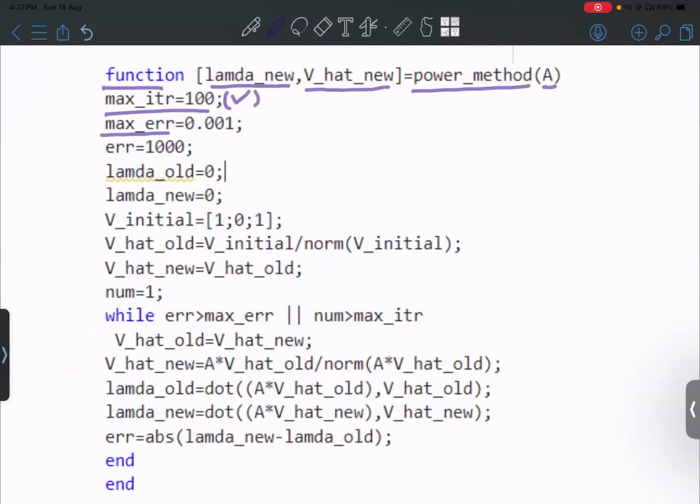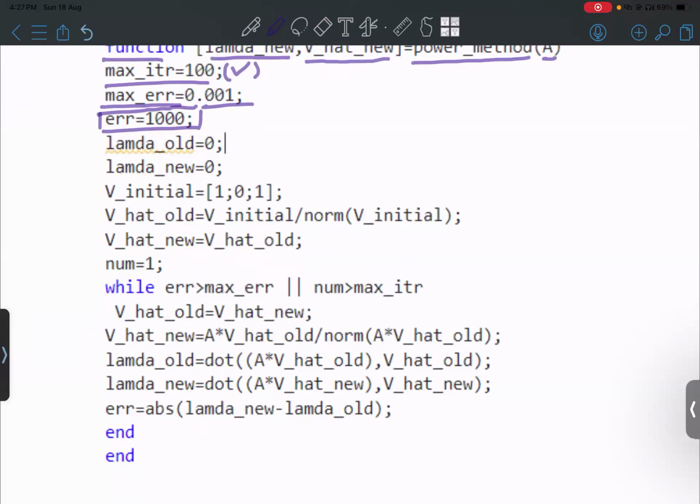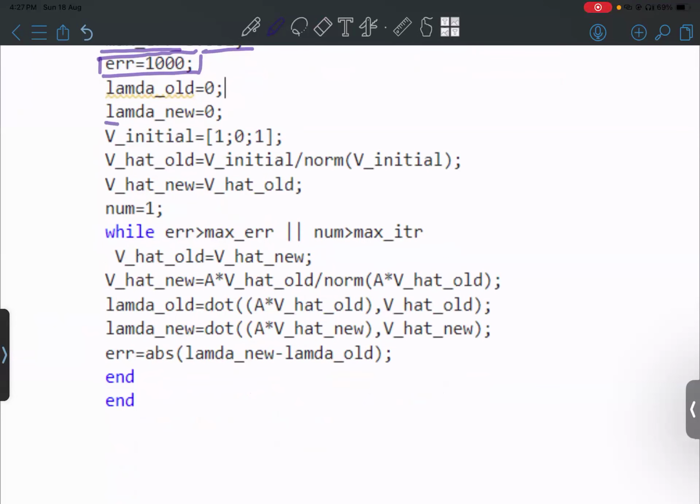I have defined the maximum allowed error as 0.01; you can define another value. Then I have some large initial error for starting the process. Lambda new and lambda old I have defined as 0. The initial guess here I have taken as 1, 0, 1, but you can take any random v.